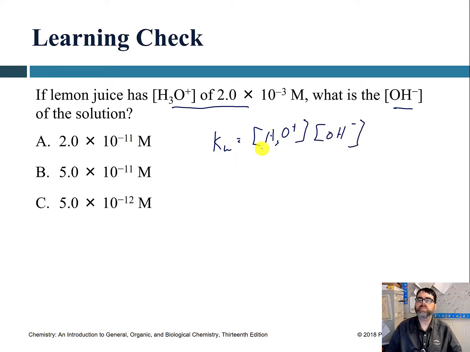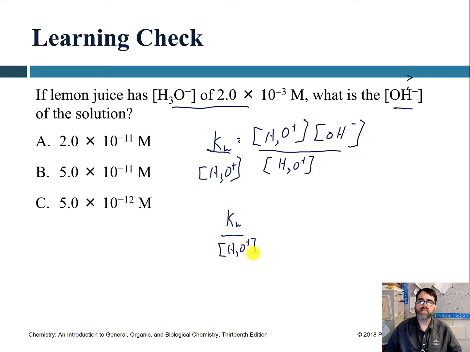Now, I will work this one out the way that the textbook does, where I don't plug in the numbers first, but instead rearrange. Since we want to know what this one is, we need to get that one alone. To get that one alone, we're going to divide both sides by the concentration of H3O plus. And then because of that, we're going to end up with Kw over concentration of H3O plus is equal to the concentration of OH minus, because these two here are going to cancel out.